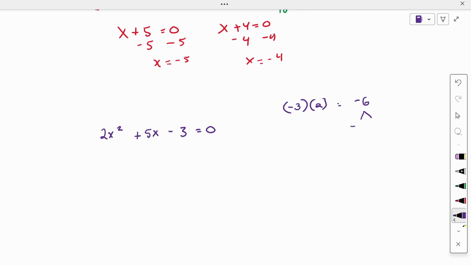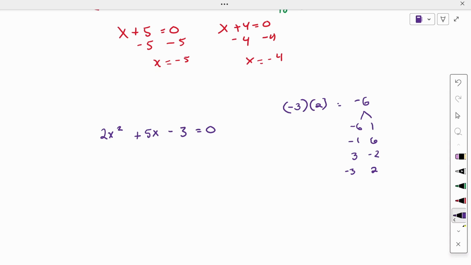Obviously, -6 and 1 would multiply to get -6, but -6 and 1 would add to -5. But if you did a -1 and a +6, that would be the winner-winner chicken dinner. Of course, you would have to try 3 and -2, as well as -3 and +2.